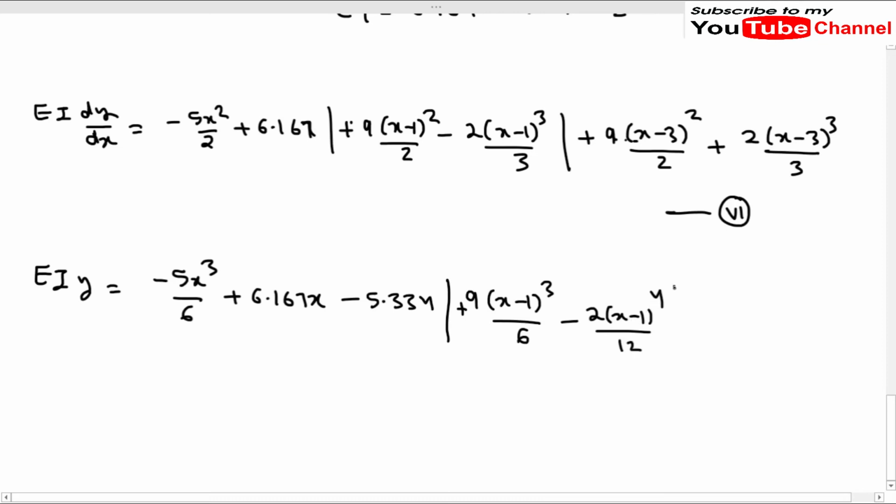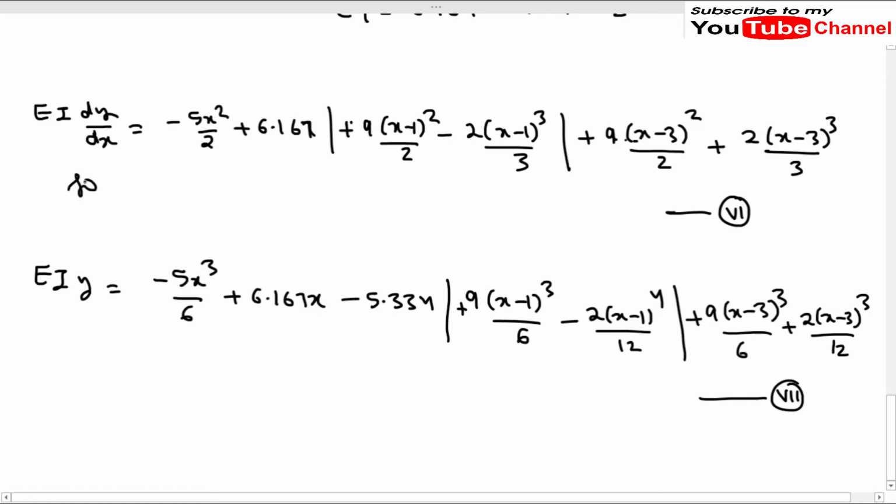Again vertical line, and the term is 9 into x minus 3 whole cube by 6 and plus 2 into x minus 3 to the power 4 by 12. So this will be our equation number 7. These are the final equations for our slope, and this equation is for deflection.